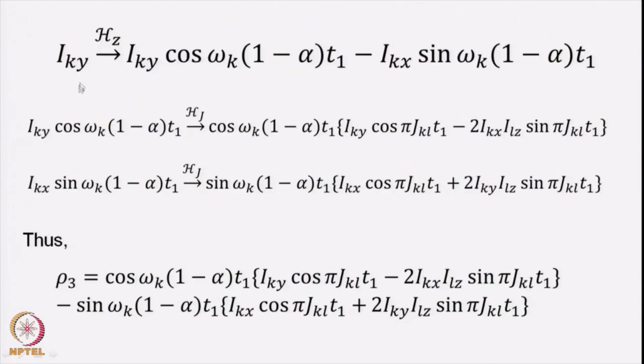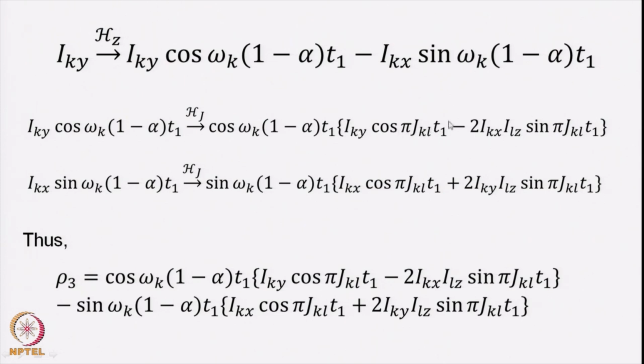Okay. So, you do this calculation. IKY under chemical shift gives you IKY cosine omega k 1 minus alpha times T1 minus IKX sin omega k 1 minus alpha T1. Now, you hold these under the coupling. IKY cosine omega k 1 minus alpha T1 gives you this cosine omega k 1 minus alpha T1 will keep it out, and inside this bracket this is the J evolution: IKY cosine pi J kL T1 minus 2 IKX ILZ sin pi J kL T1.